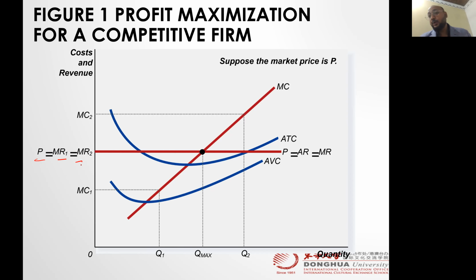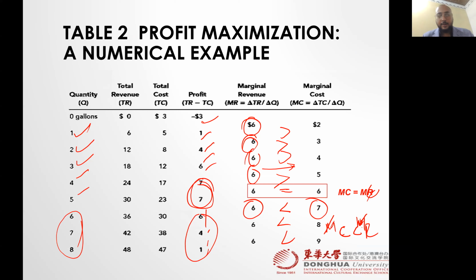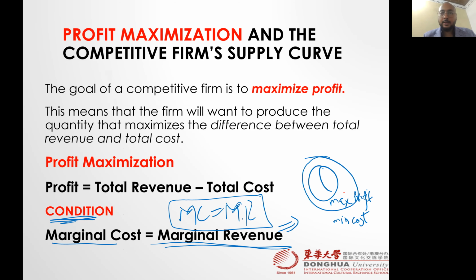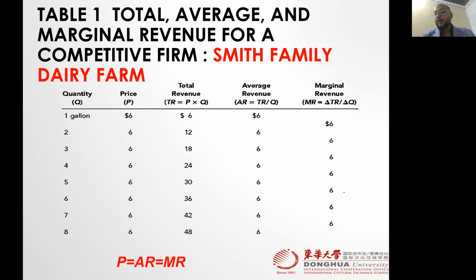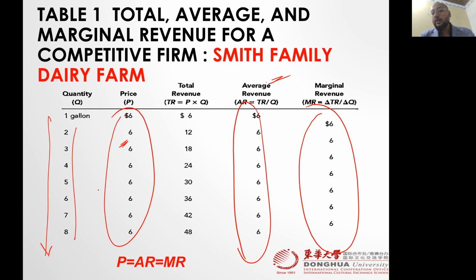So many students are confused with this. Let me discuss that. We talk about market price, MR, MC. If we draw the graph here, with average cost, MR, and the price: with an increase in quantity, your price is fixed. With an increase in quantity, your AR is fixed.